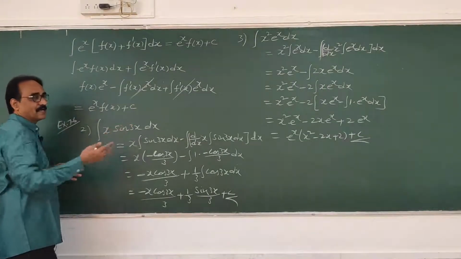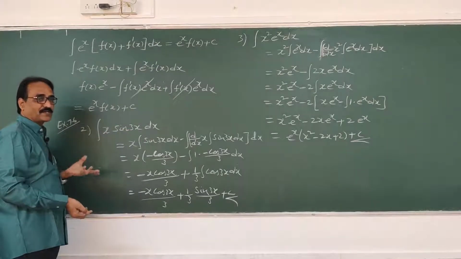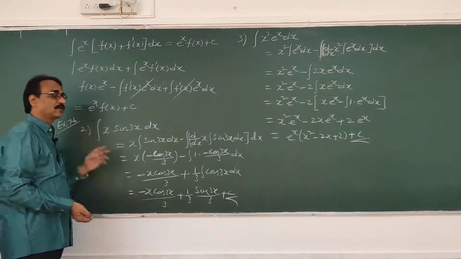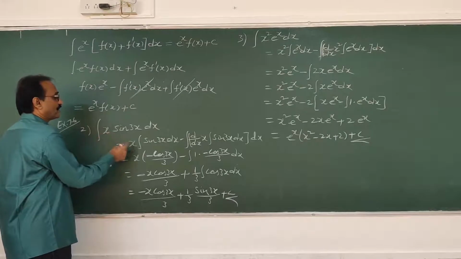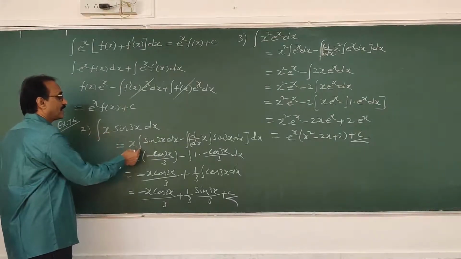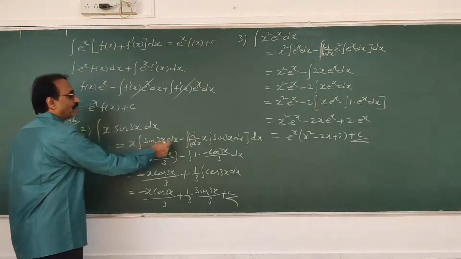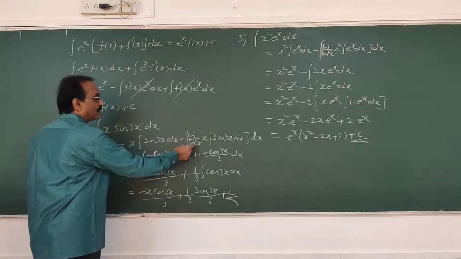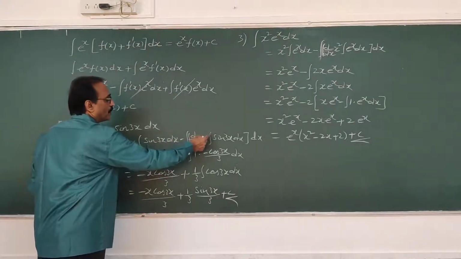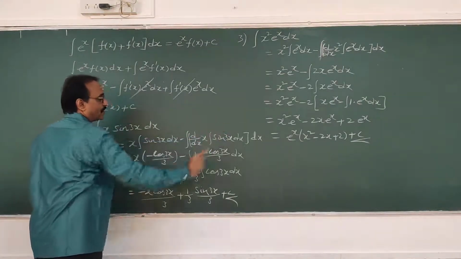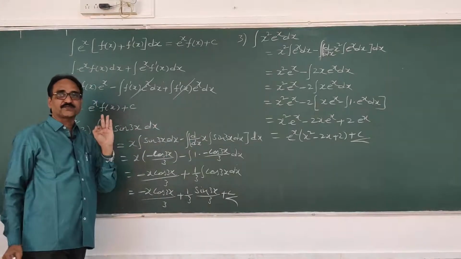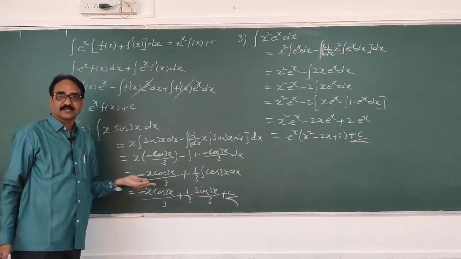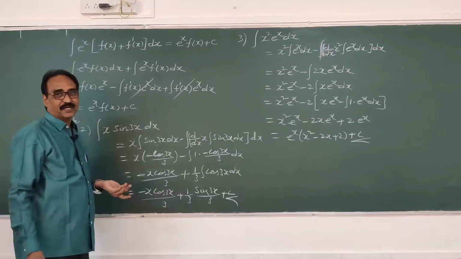Using this, again we are working out by parts using the formula. This is first function into integral of second function minus integral of derivative of first function into integral of second function, whole dx. Yesterday's formula we are just implementing, because we have just started our problems.